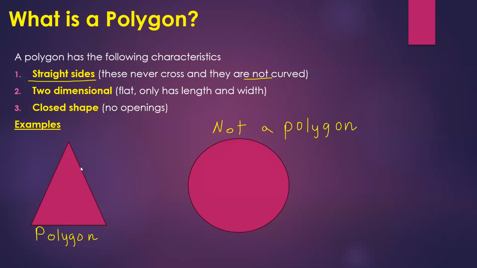Destiny, why is this shape a polygon? This triangle, why is that a polygon? Destiny, are you there?